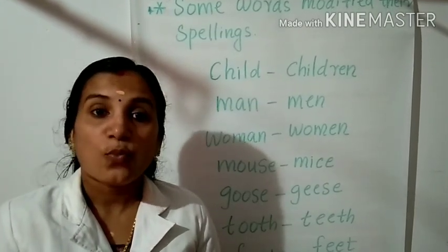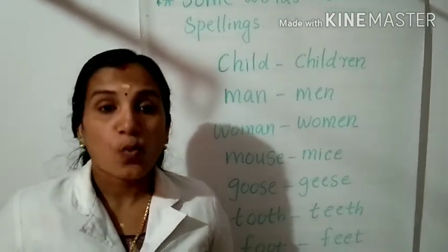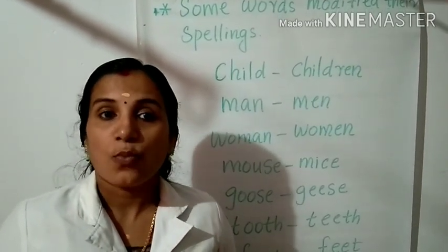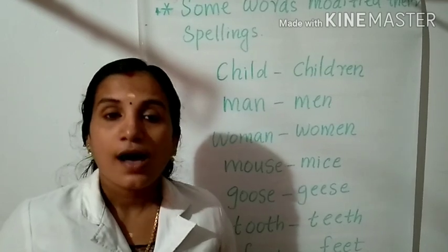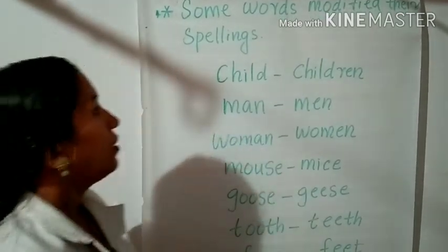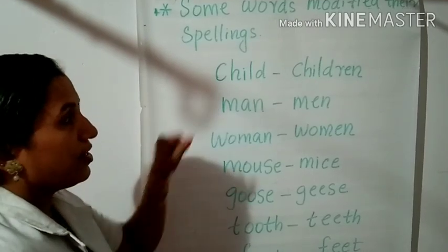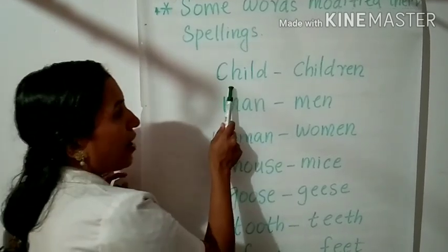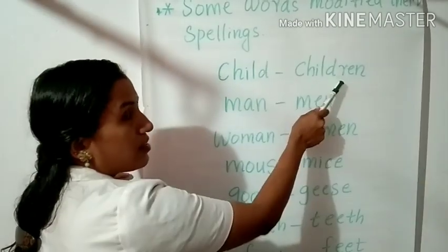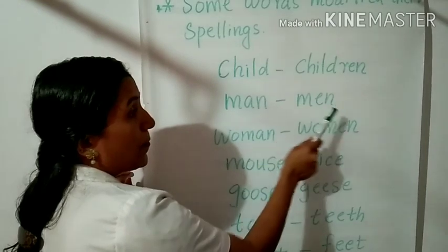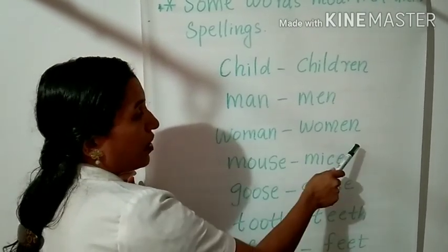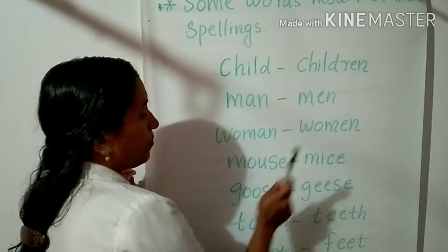Some words modify their spelling while changing singular to plural. For example, child, children. Singular form child, children, plural. Man, men. Woman, women.